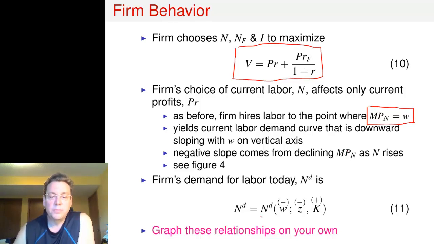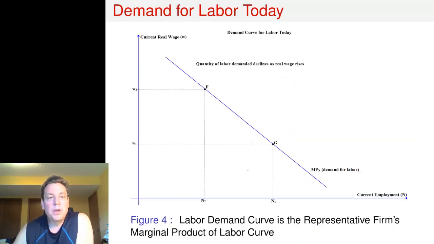And we can write demand for labor today as a downward sloping function of the real wage. And it's going to be affected by what happens to TFP today and what level of capital is today. So if we plot now with the real wage up here on the vertical axis and employment on the horizontal axis, we get this downward sloping demand for labor.